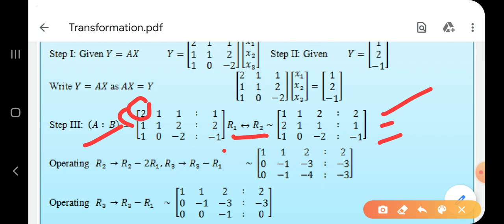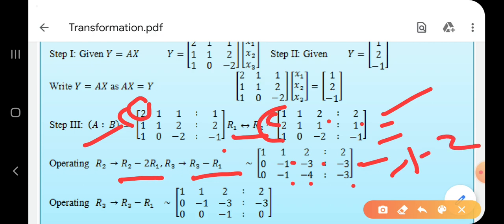Right. Now R2 minus 2R1, R3 minus R1. Do the calculation. 2 minus 2 is 0, 1 minus 2 is -1, then 1 minus 4 is -3, 1 minus 4 is -3. Now the last one: 1 minus 1 is 0, 0 minus 1 is -1, -2 minus 2 is -4, -1 minus 2 is -3.